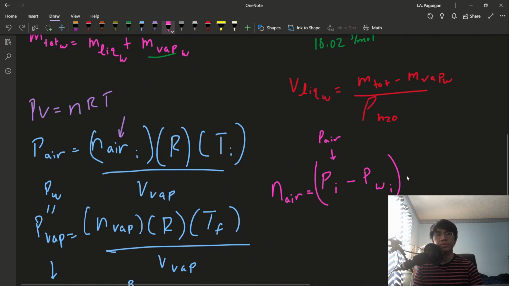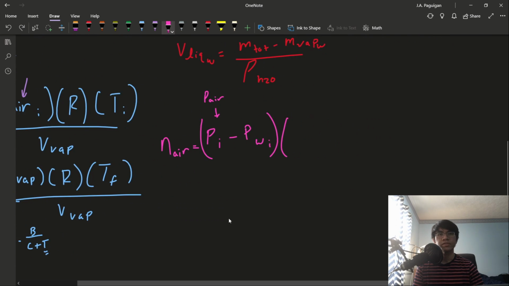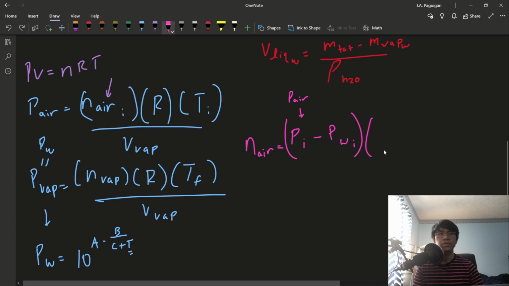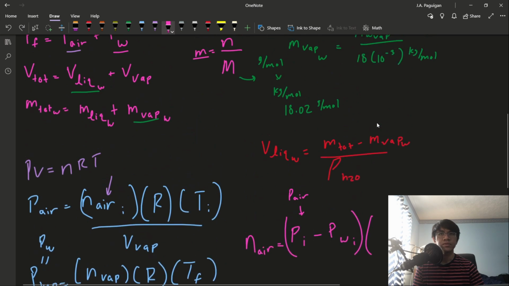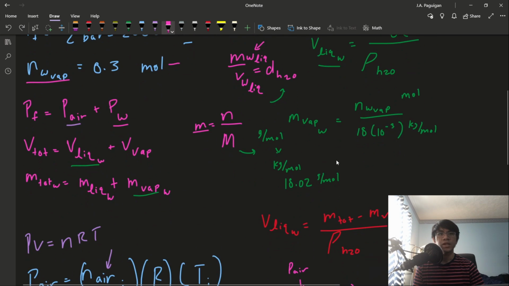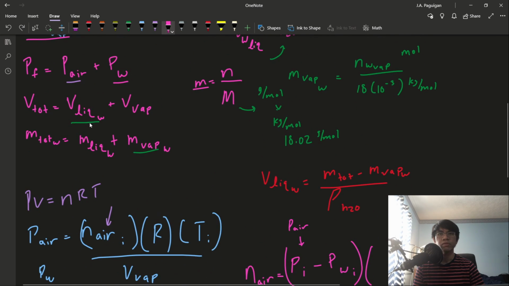So pressure of the water at the temperature initial. And then that is times volume. And move this over. Oh, sorry, it is pressure times volume. So volume of the vapor. We do know how to get the volume of the vapor phase. Right here, volume of the vapor phase. We can isolate volume of the vapor phase equal to, same thing we did here, the total minus the liquid water.